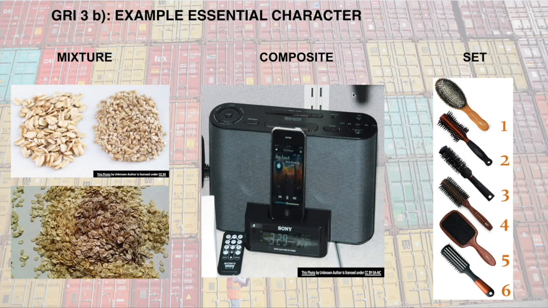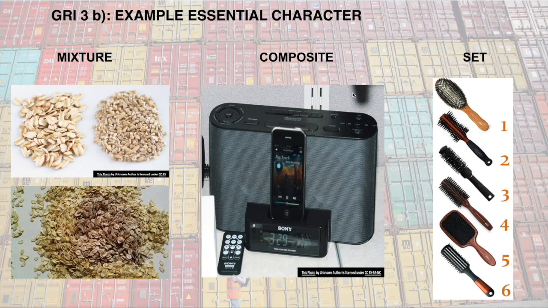In this example, there is a product that consists of two or more ingredients, in this case two, each ingredient having a separate provision, and no provision exists for the mixture as a whole in the Harmonized System.